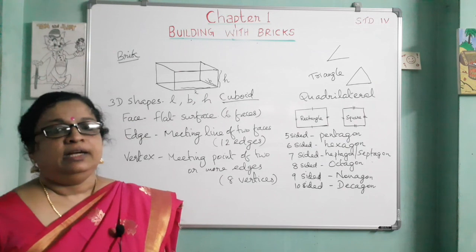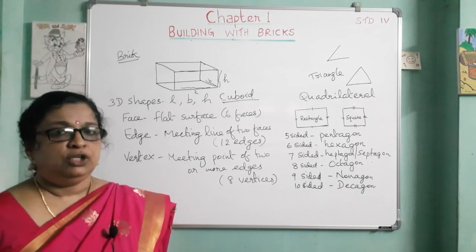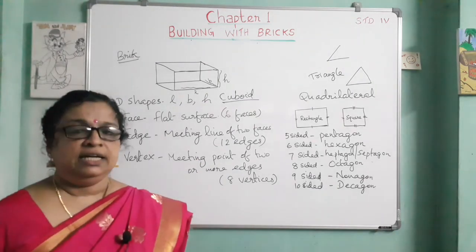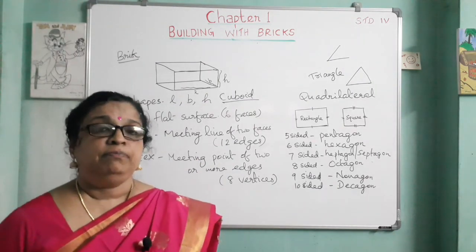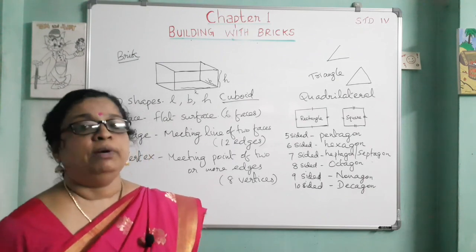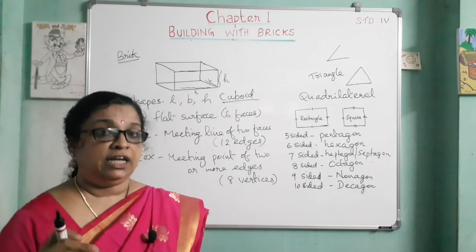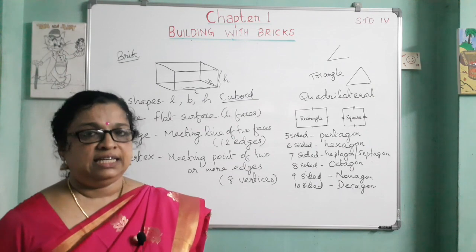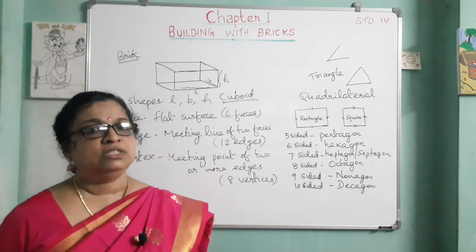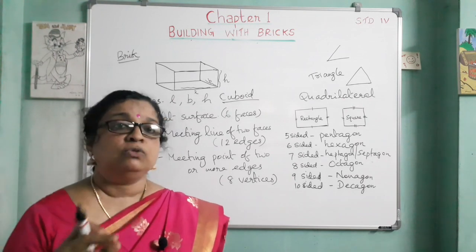Is it? Then in the next class we will do more problems. Besides this, we will study number names, how to write a number name, how to write a numeral, then the place value chart up to 6 digits. Last year you studied only up to the thousands place. This year you study 10,000 and lakh.